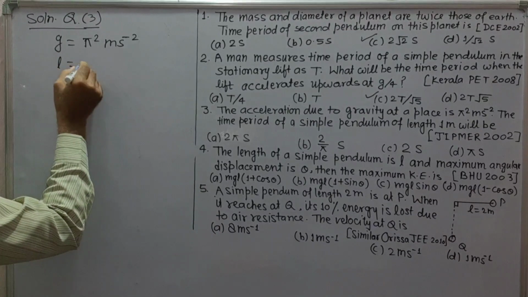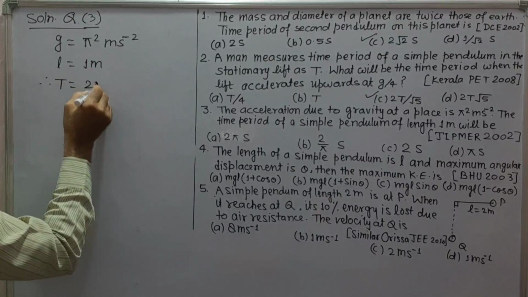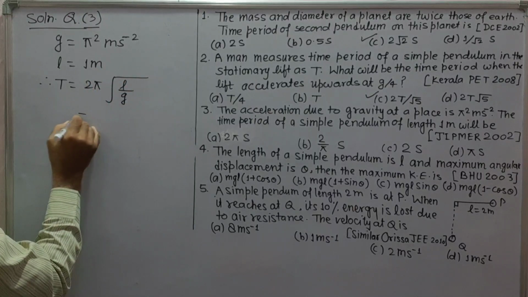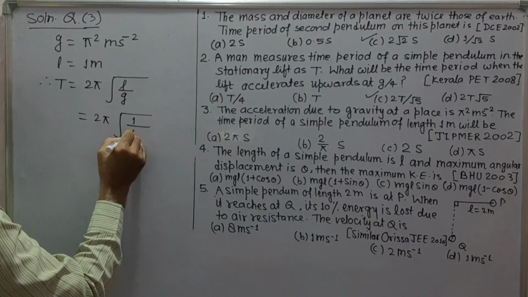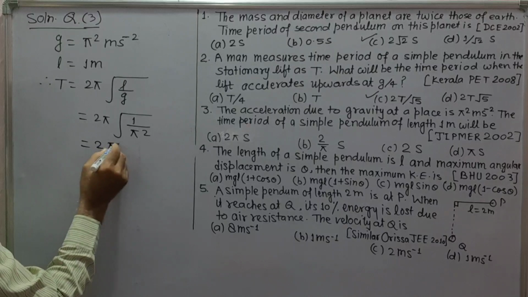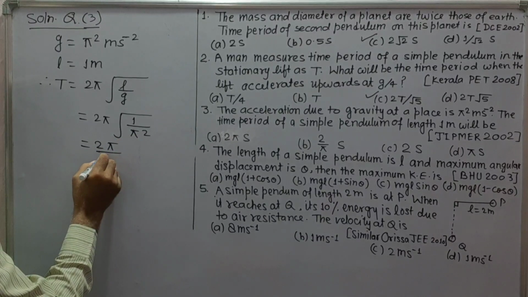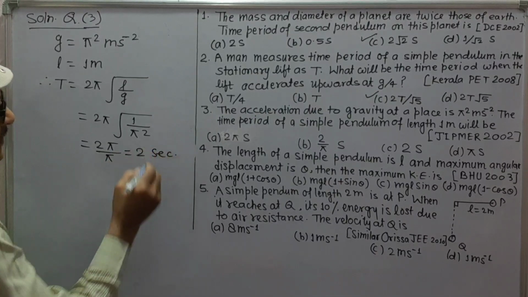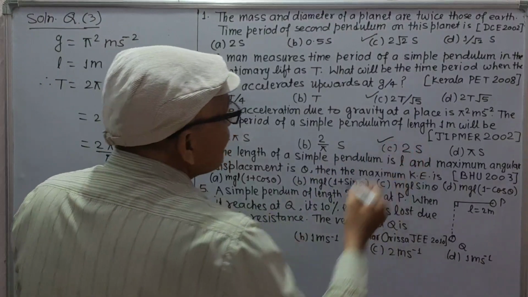Length is 1 meter, therefore time period T will be equal to 2 pi under root L by g, which is 2 pi under root 1 upon pi square, which gives 2 pi upon root pi square gives pi, pi cancels, and time period comes to be 2 seconds. So, the correct option will be C.